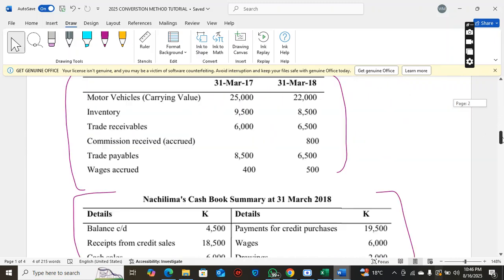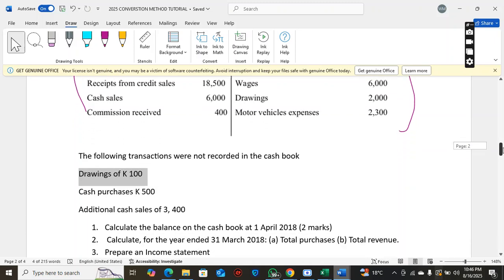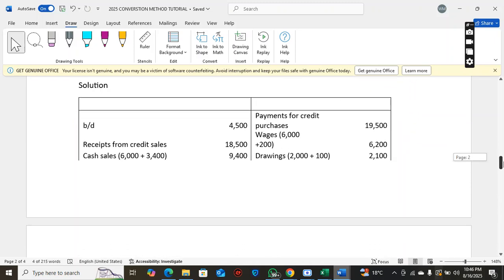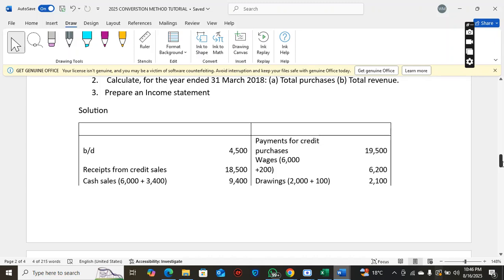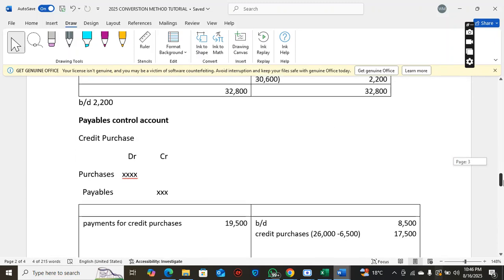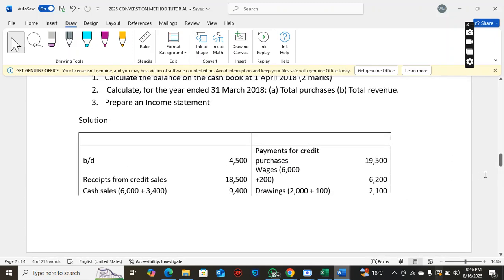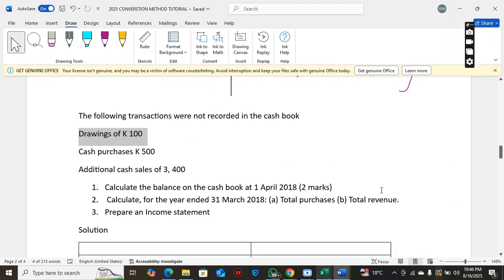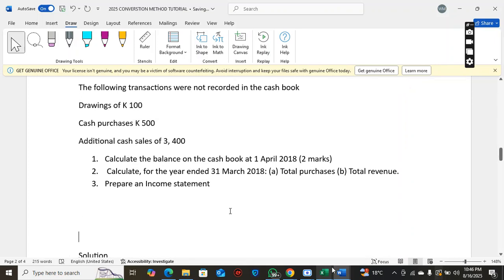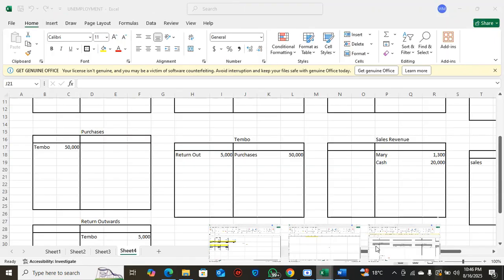So on our cash book, I was already solving this, but we'll put it here. I'll open it again, I'll use Excel.